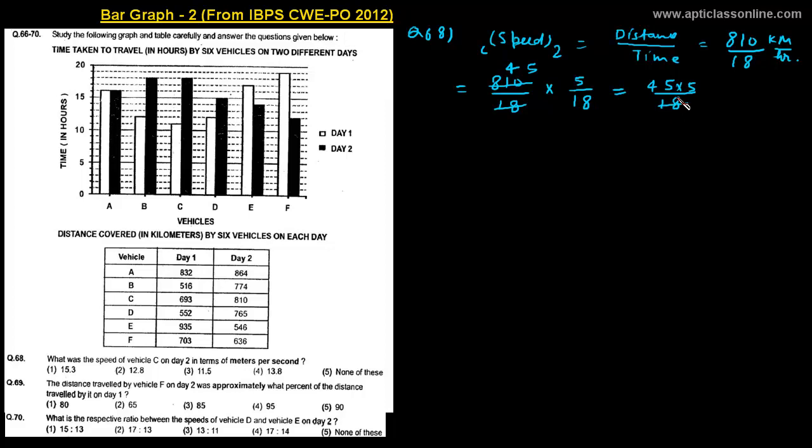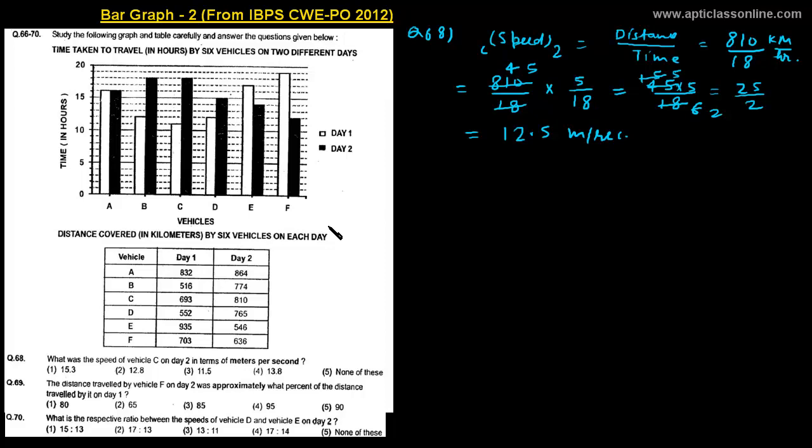From 3 we can divide, 3 6s are 18, 3 3s are 9, 3 5s are 15. Again from 3 we can divide, 3 2s are 6, then 3 5s are 15. So basically here it is 25 over 2. So 25 over 2 is 12.5 meter per second. That is the answer.